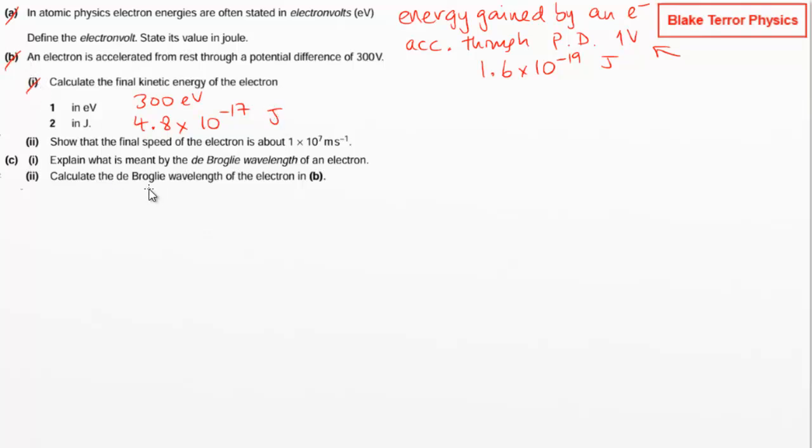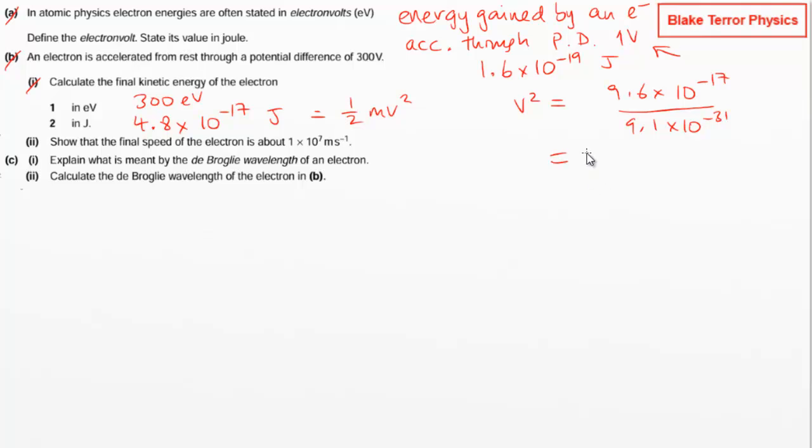Now show that the final speed of the electron is around that value. The kinetic energy is equal to a half mv squared. So v squared is, doubling that, 9.6 times 10 to the minus 17, divided by 9.1 times 10 to the minus 31. Then do the square root, which I need to calculate.